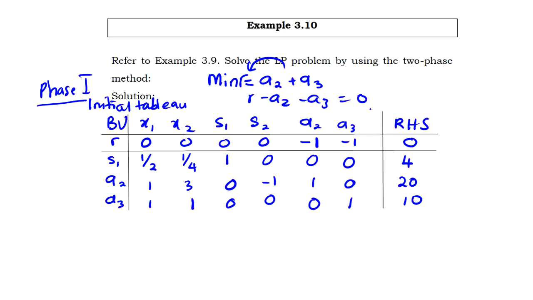That's why we need to update row 0, so that it becomes 0 here.